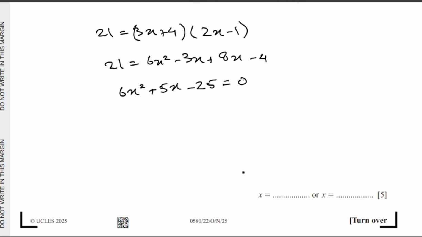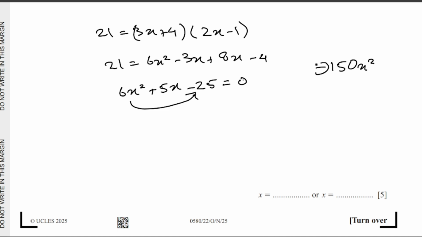Now, since you guys have a non-calculator paper, I would suggest you try factorizing this, right? And I'm aware that this method is not taught in many places. However, one common and super easy way to do this is multiply this with this, right? What is 6 times negative 25? Right, that gives you minus 150, x squared, right?